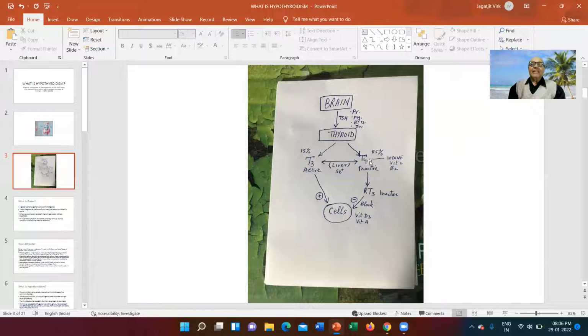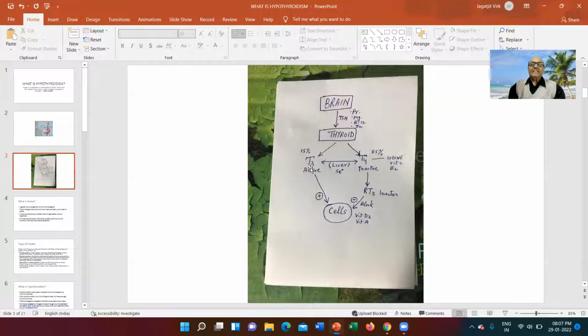Normally, what we do, we give T4 as a medicine to the patients of hypothyroidism. And when it is not converting to T3 adequately because selenium is not present, then there is excess of T4. When there is excess of T4, it makes RT3, reverse T3.